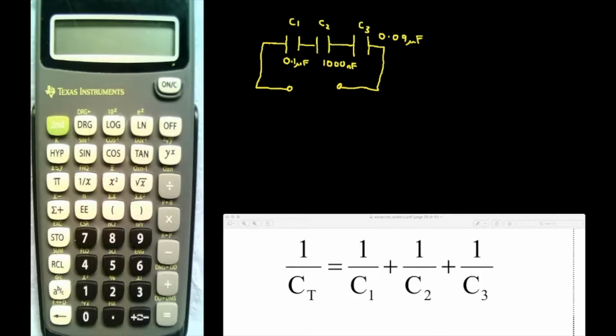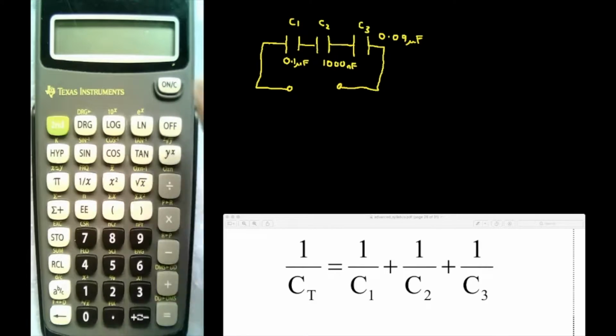Now, if we were going to add those up, we could change them into farads in order to add them up. First of all, by putting noughts in the front and doing the decimal point hopping that we can do, or we can simply use a calculator to take the strain.